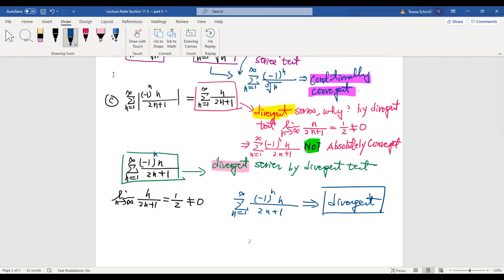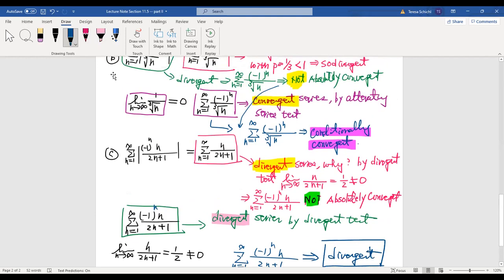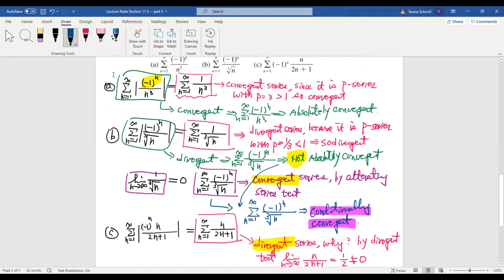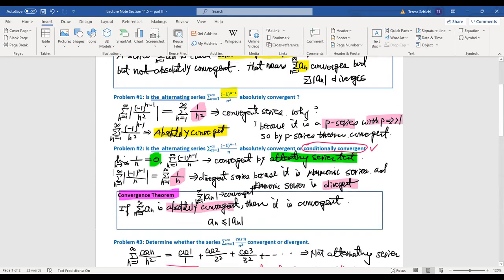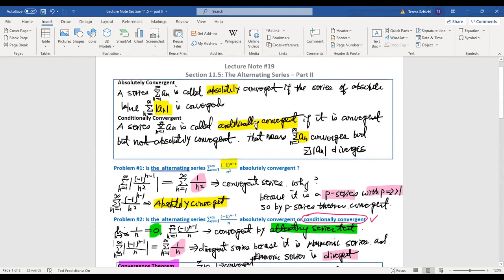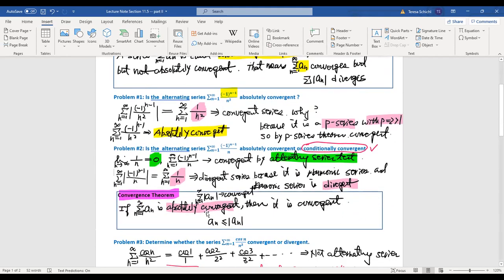All right, so this is what we talked about in this video: what absolute convergence is and what conditional convergence is. Absolute convergence means if you put the absolute value on every term of your series and it's still convergent, then that guarantees the series itself is convergent.